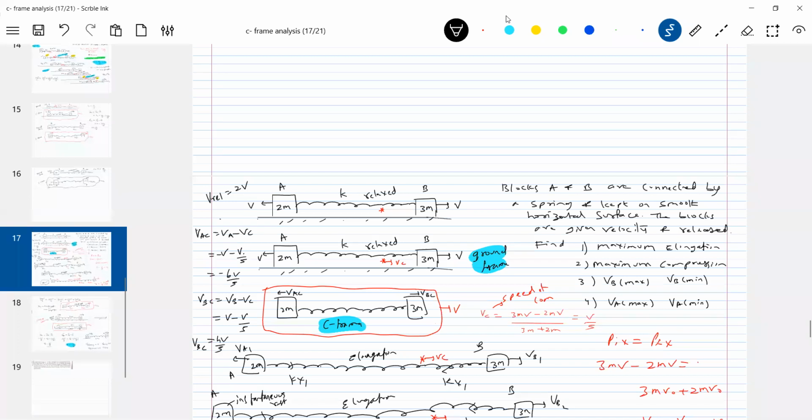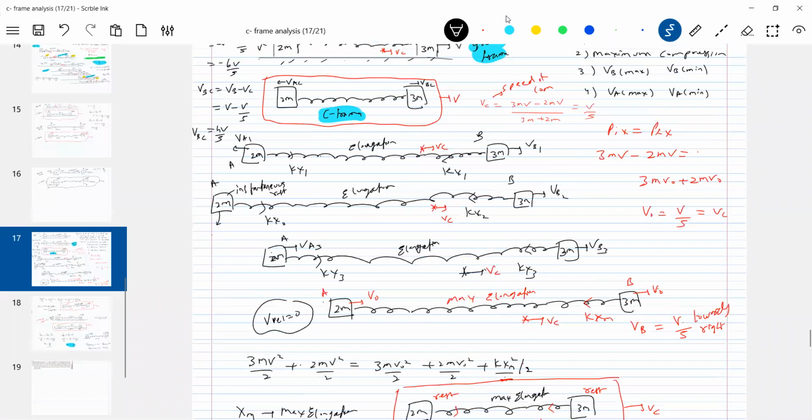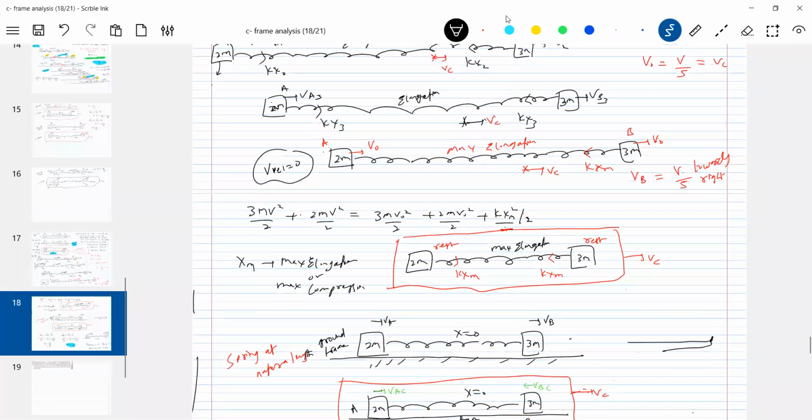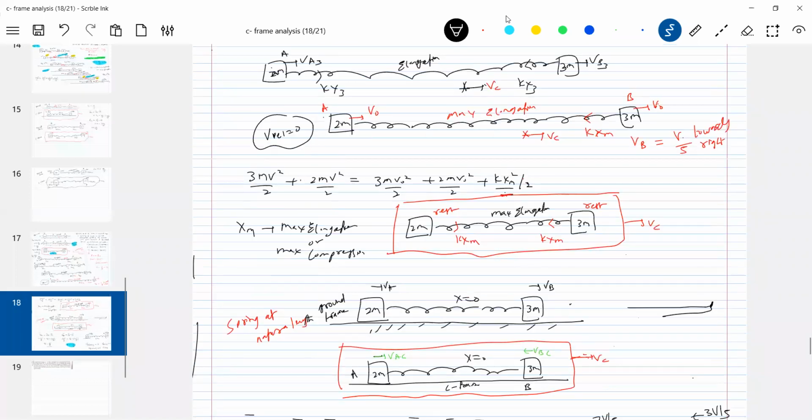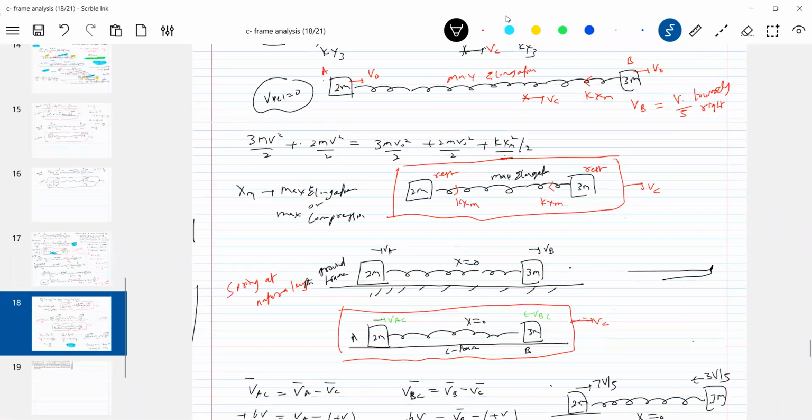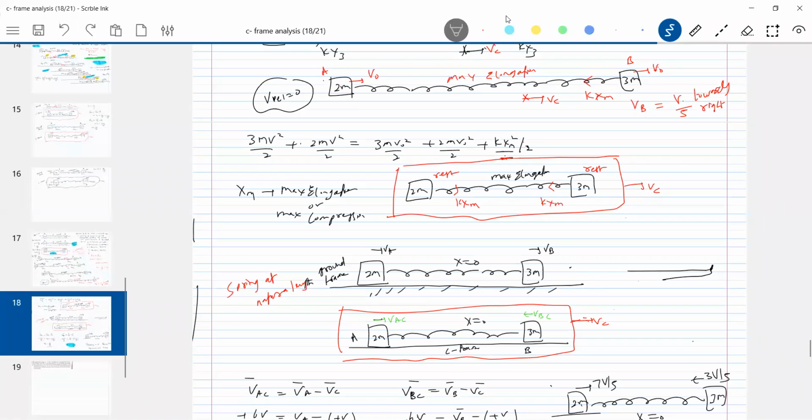Then again, from what point first they'll move away, no? At maximum elongation, they come to rest with respect to the C frame. Again, when they come to natural length, their velocity should change direction because about the C frame they'll vibrate, they'll oscillate. In the ground frame, they just move and will be oscillating. So in the C frame, things will be easier.